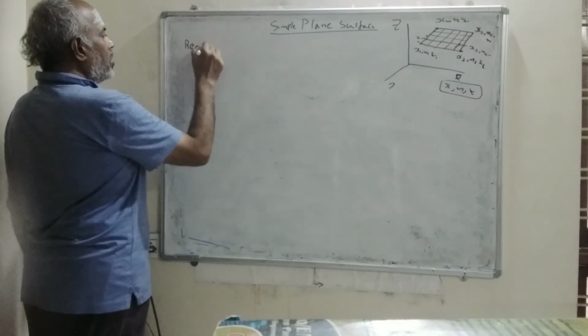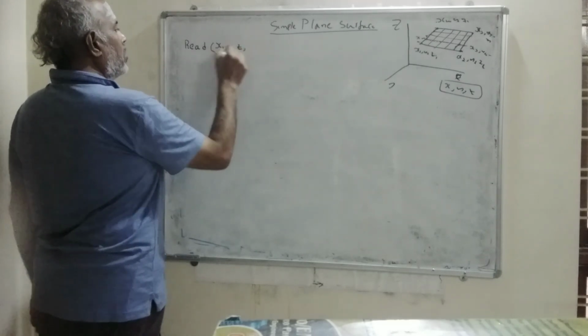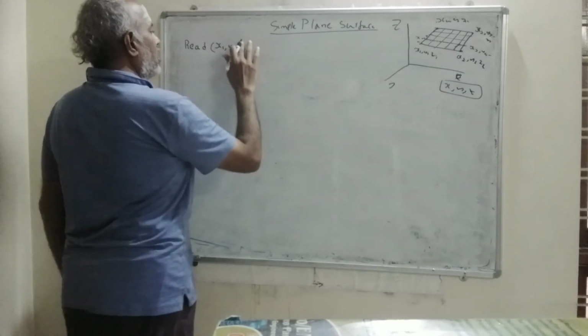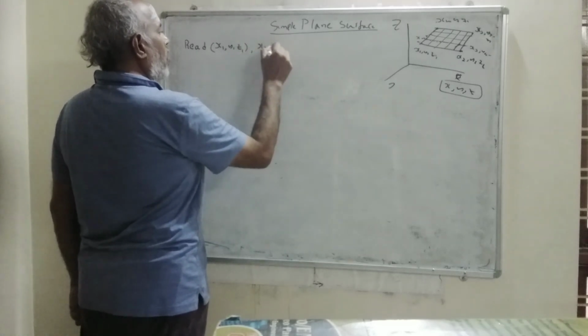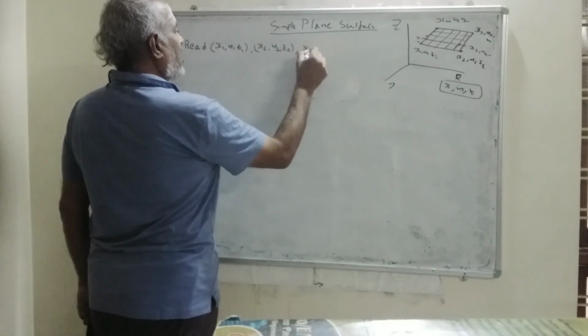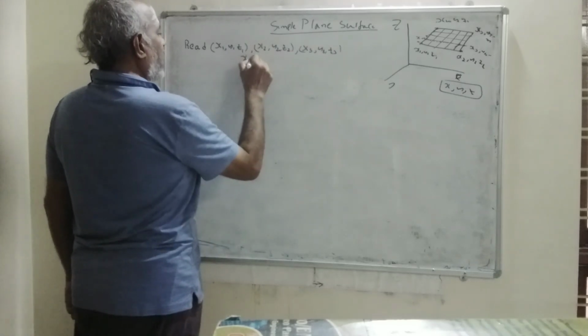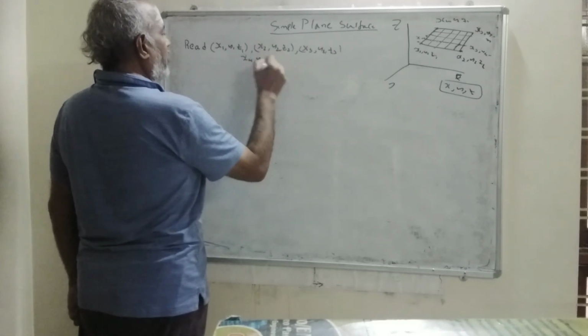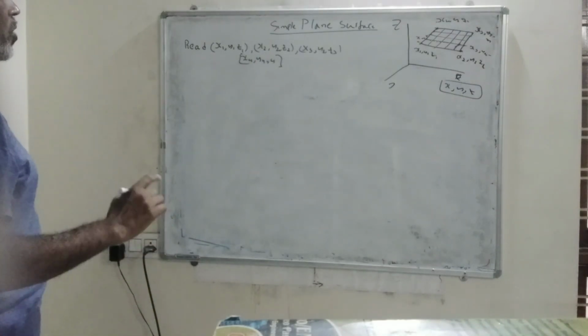So first of all, read x1, y1, z1, x2, y2, z2, x3, y3, z3, x4, y4, z4. So there are 4 coordinates.